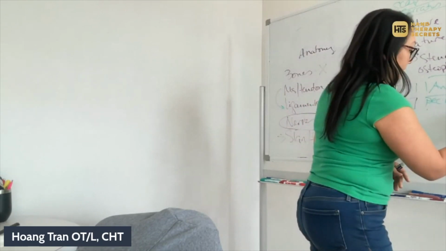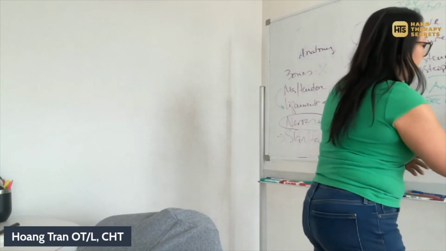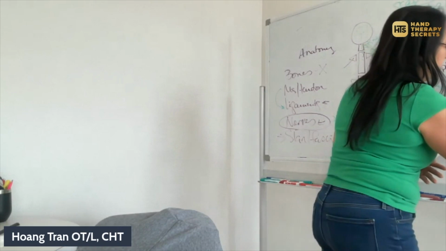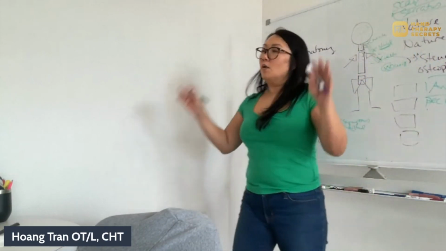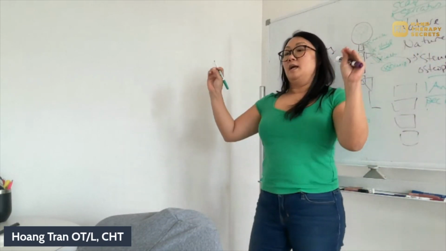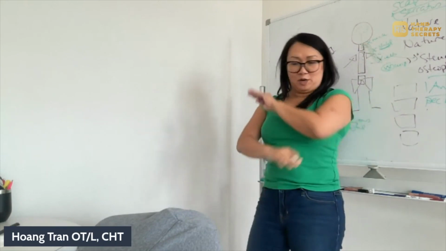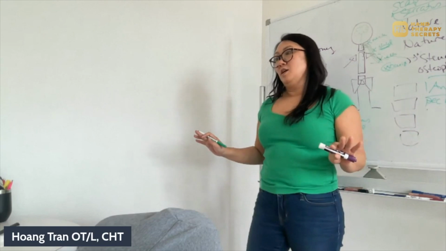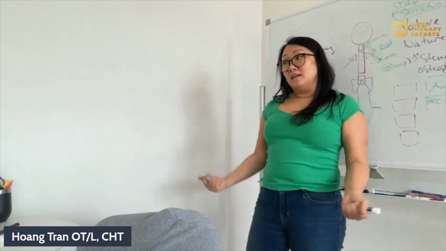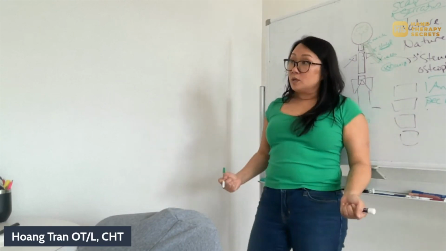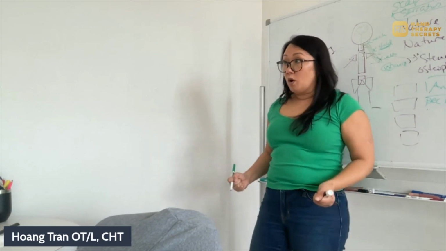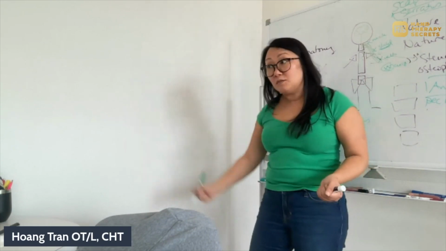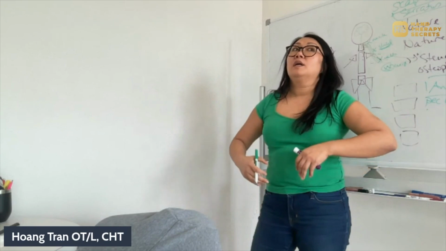It's posterior. So her upper trap is overworking, her middle trap and her lower trap not working at all, right? And a lot of times their deltoids are overworked, their biceps overworking, right? So you got a lot of muscles.